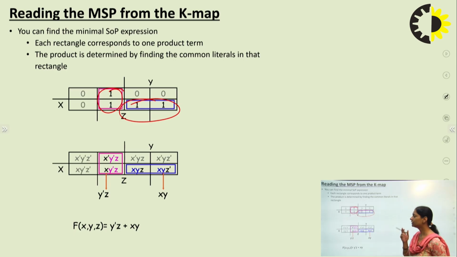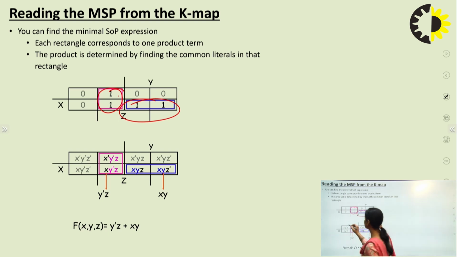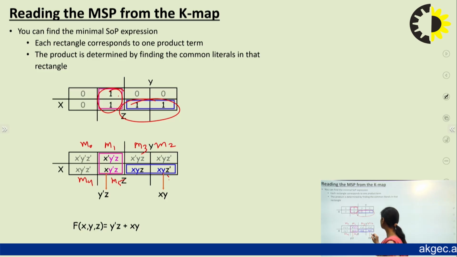Coming back to this, now suppose we have made the groups like this over here. The grouping is basically 1, 1, that is x complement y complement z. As we have seen, this is m0, m1, m2, m3, and this is m4, m5, m6 and m7. So the combination of these two will give us one term. That term would be the common literals between the two.